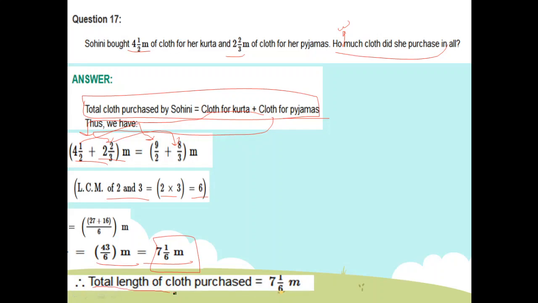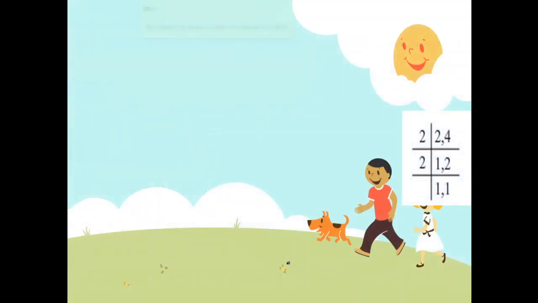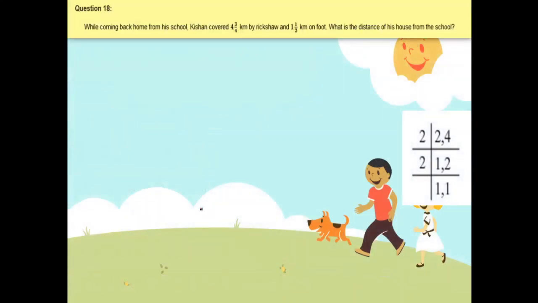See question number 18. In question number 18, while coming back home from his school, Kishan covered 4 3 by 4 kilometer by rickshaw and 1 upon 2 kilometer on foot. What is the distance of his house from the school?